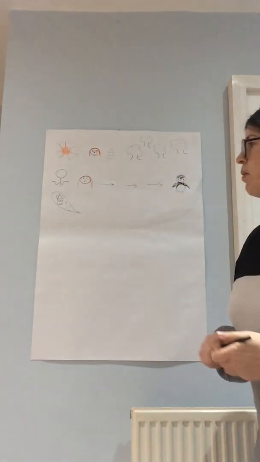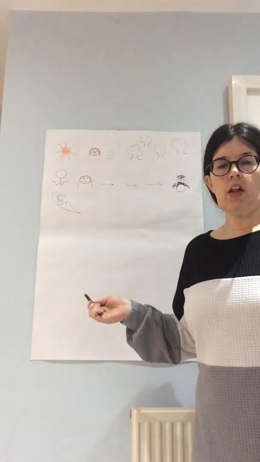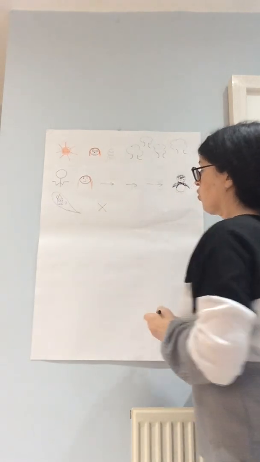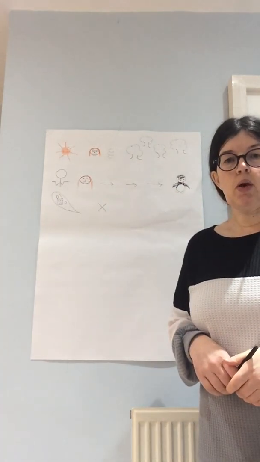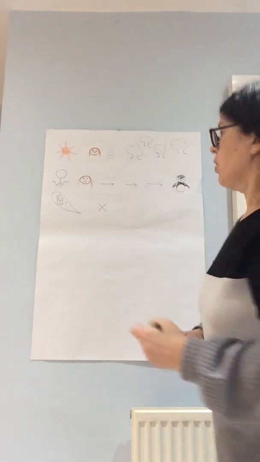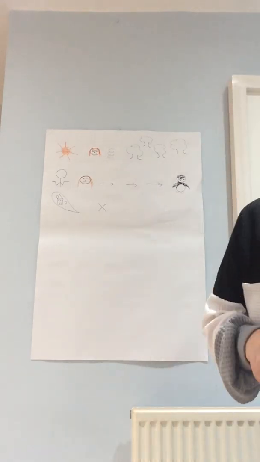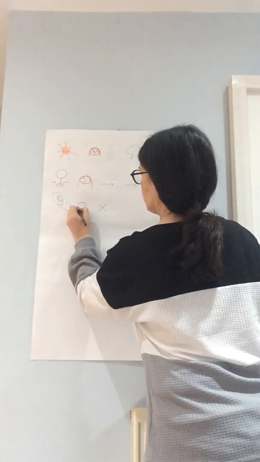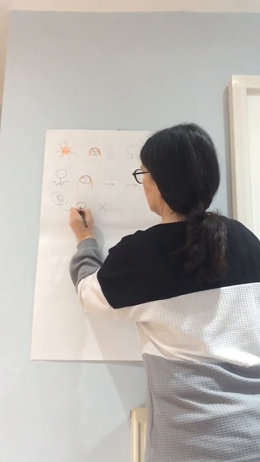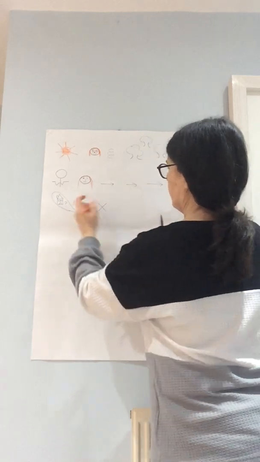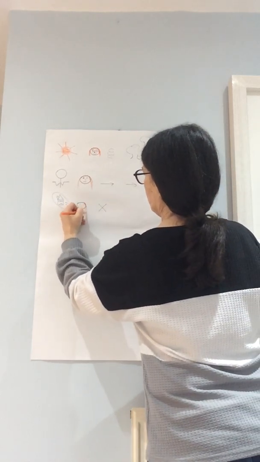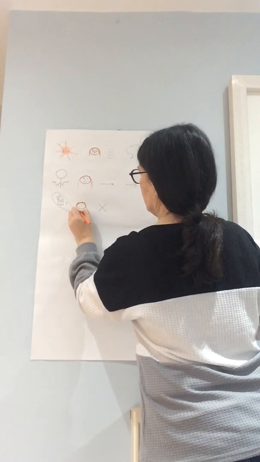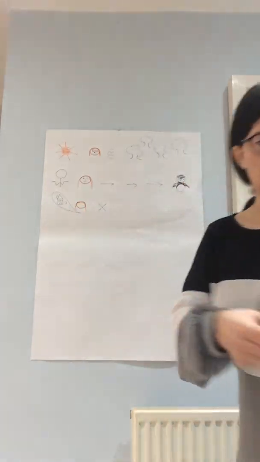"Do you know where my house is?" asked the little girl. "No, sorry," said the penguin. So the little girl, let's just draw another picture of our little girl actually, so we know who's talking. There we go.